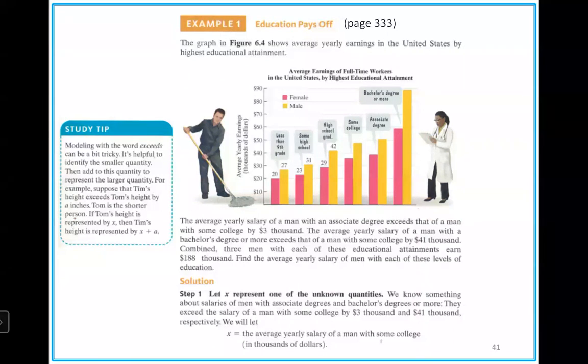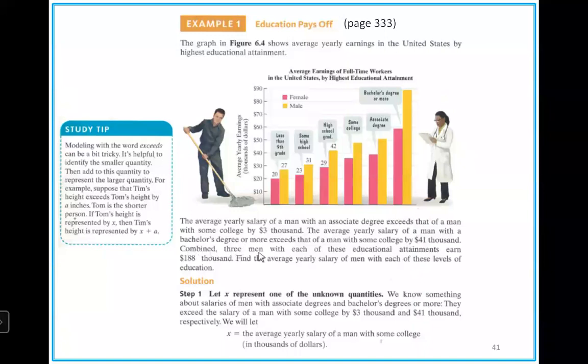All right. So the average yearly salary of a man with an associate degree exceeds that of a man with some college by 3,000. I'm reading the section here. The average yearly salary of a man with a bachelor's degree exceeds that of a man with some college by 41,000.